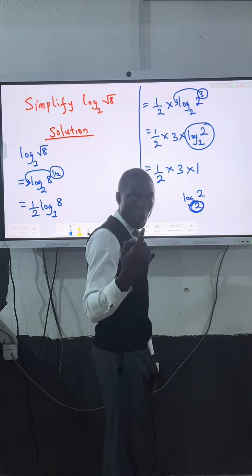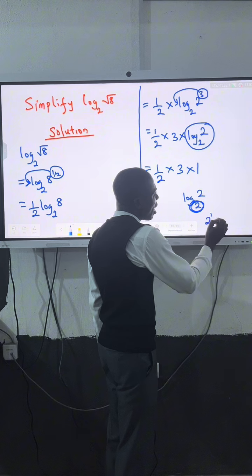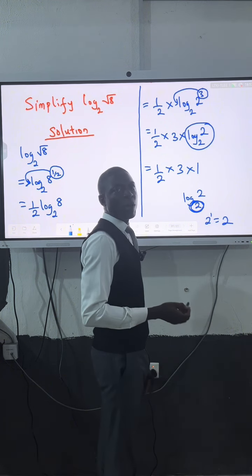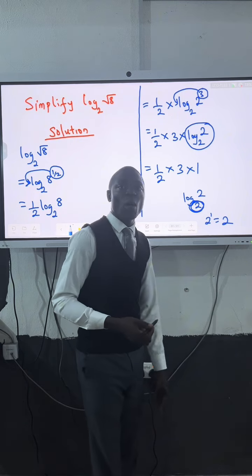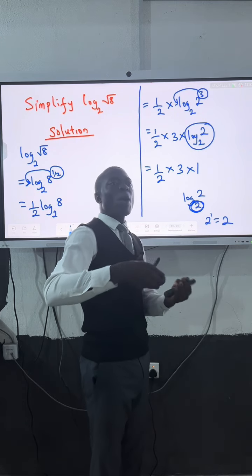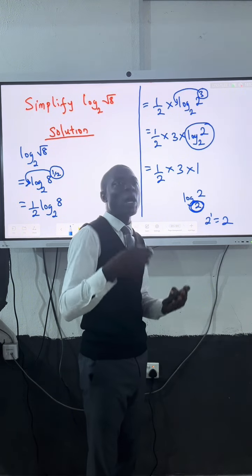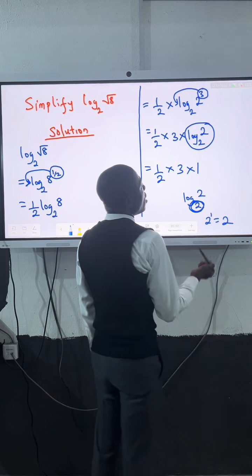I guess you know it's 1. Raise this 2 to power 1, and 2 raised to power 1 gives you back the 2 itself. Log 10 to base 10 is also 1, because what number will you raise the base 10 to that will give you 10? It's still 1. So any log to its own base is 1.